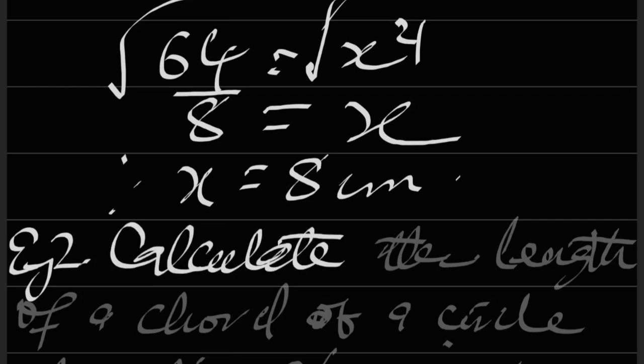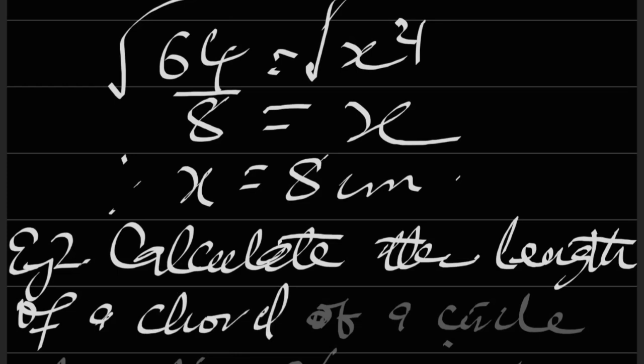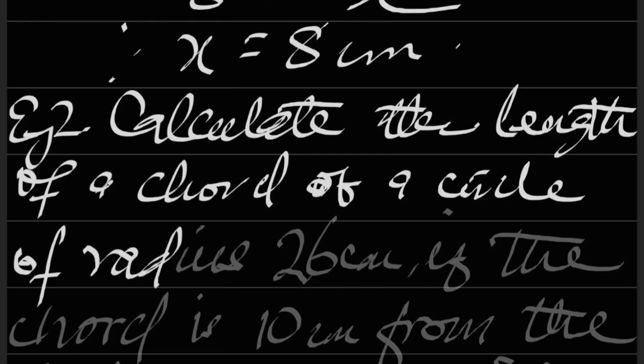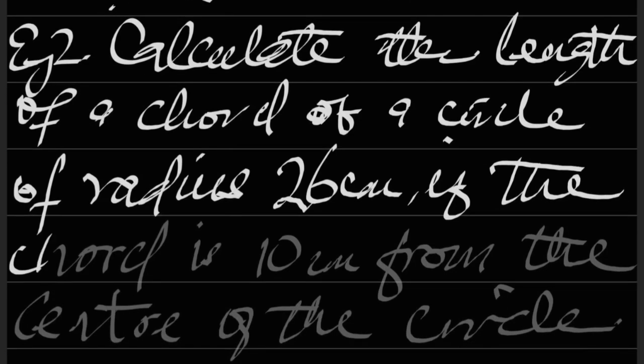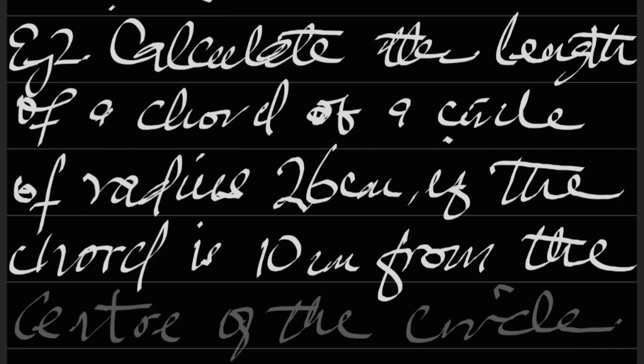Calculate the length of a chord of a circle of radius 26 centimeters, if the chord is 10 centimeters from the center of the circle.